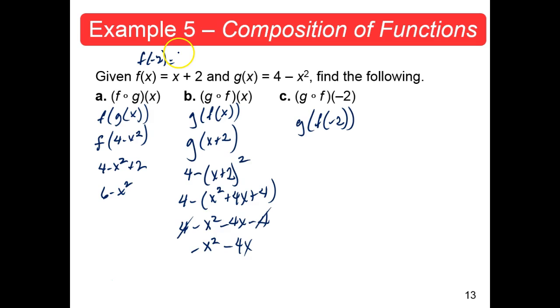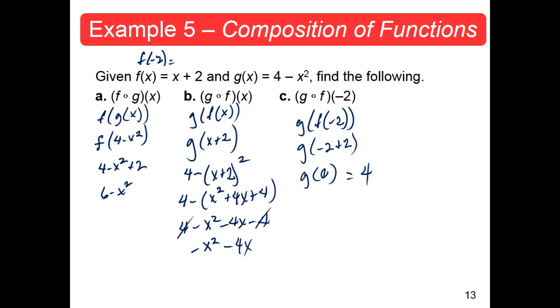Minus 2 plus 2. So g of minus 2 plus 2. And what's minus 2 plus 2? 0. And what's g of 0? 4. You're absolutely right.